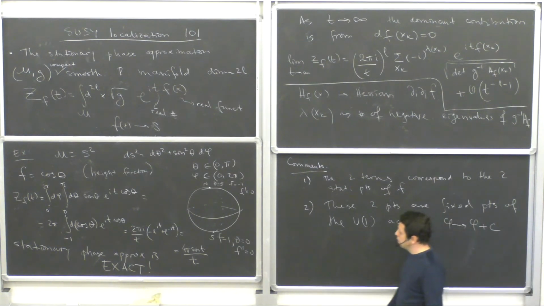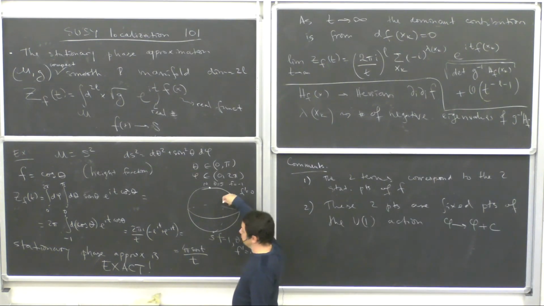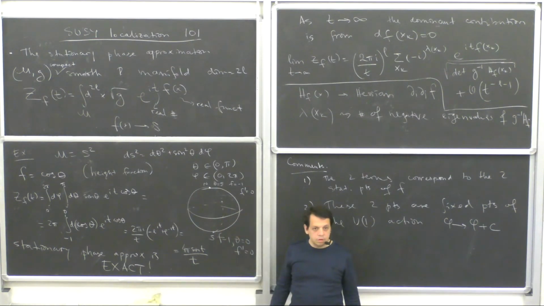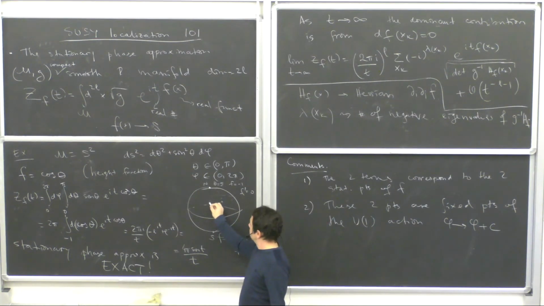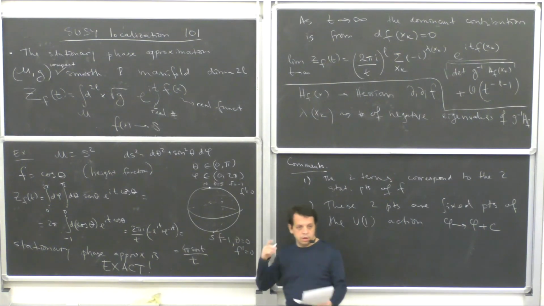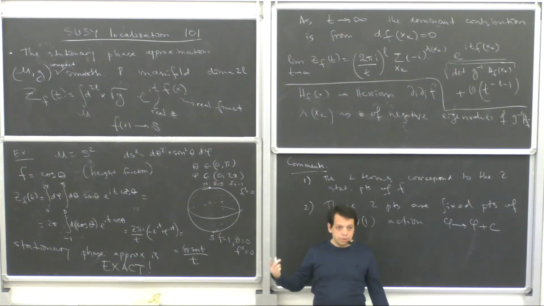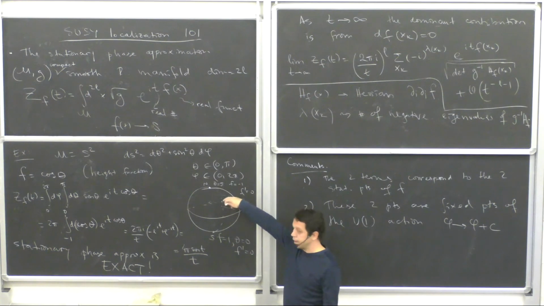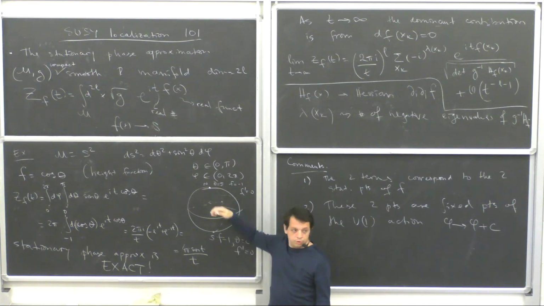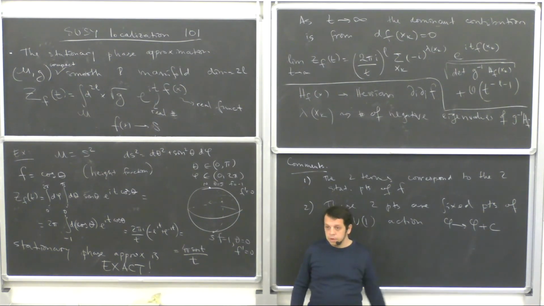Okay? So choose a value of theta, this one, and you can go around the circle here, which is parameterized by phi. And so that generates a U1 group. So there is a U1 action on this manifold, which is very simple, this one.